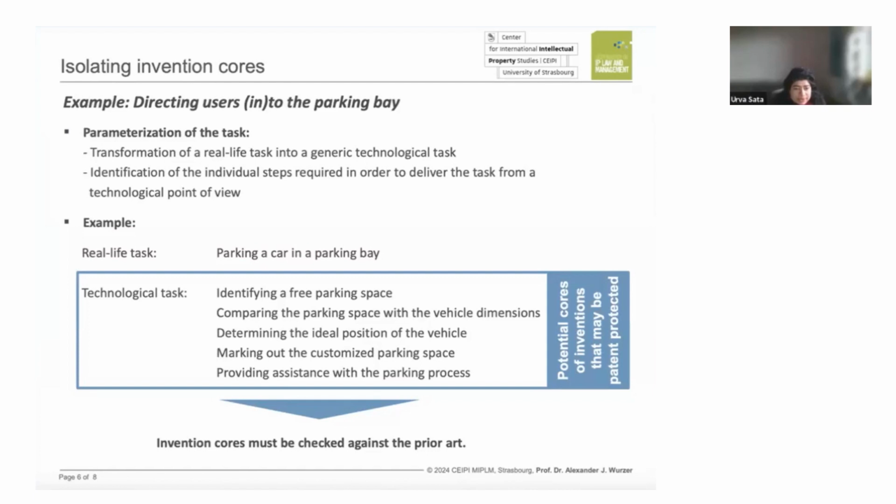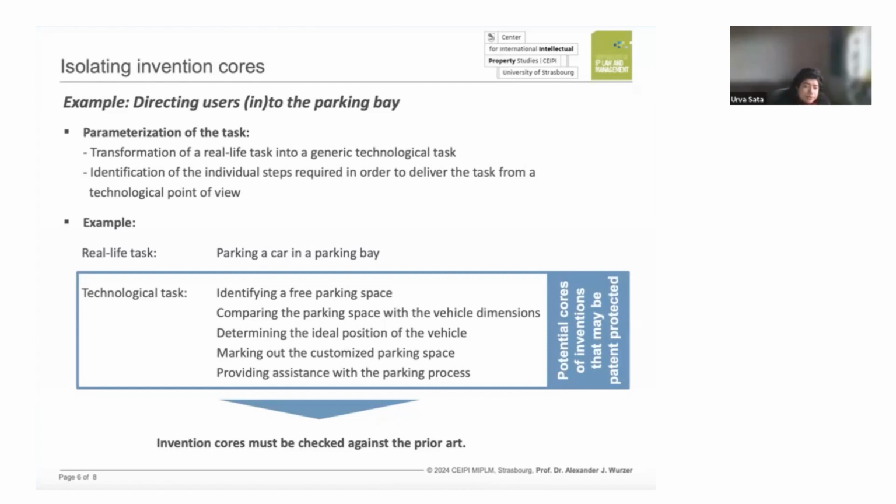So the example we have taken here is to direct users into the parking bay. The real-life task is parking a car in a parking bay, and this can be achieved by identifying the technological tasks which could be patented.